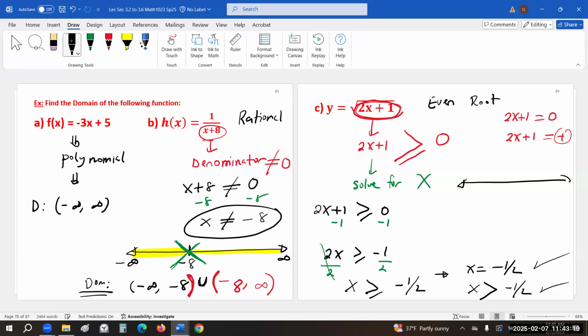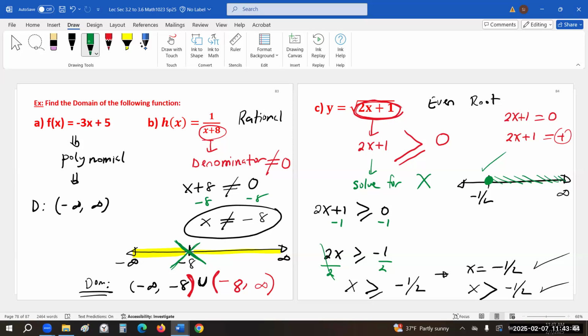So we have, let's say, somewhere here is -1/2, and all the numbers bigger than -1/2. What we are saying here is we can take -1/2, we're allowed to do so, and we can take everything bigger than -1/2 from the number line.